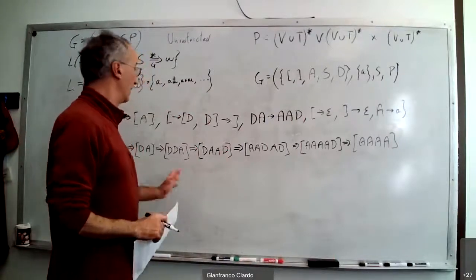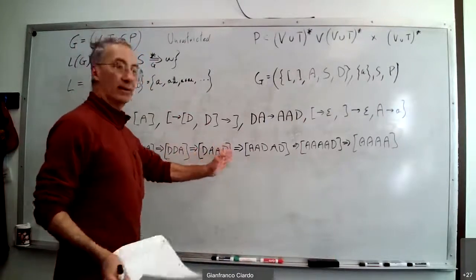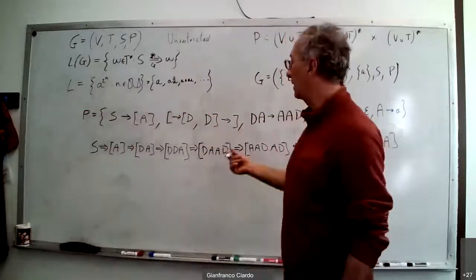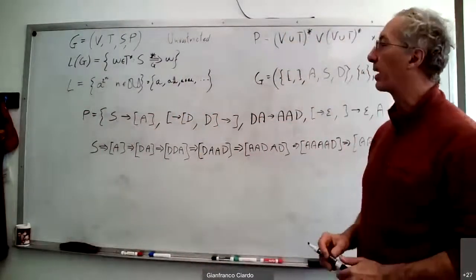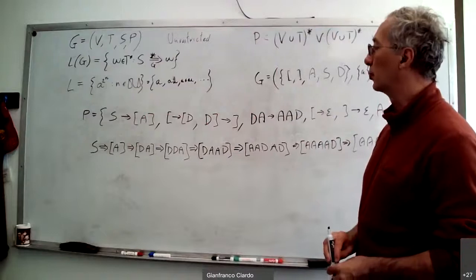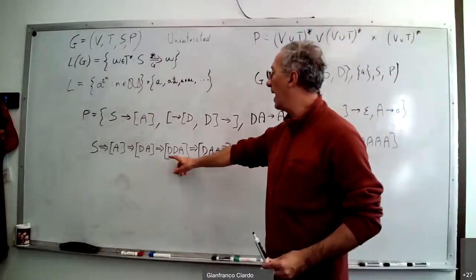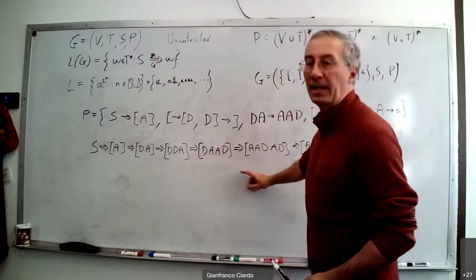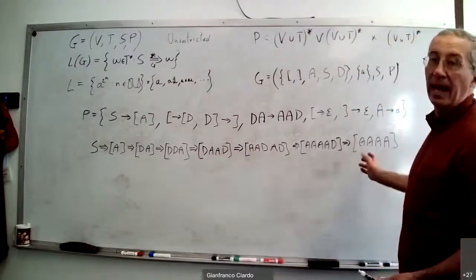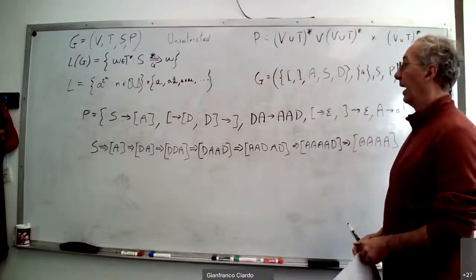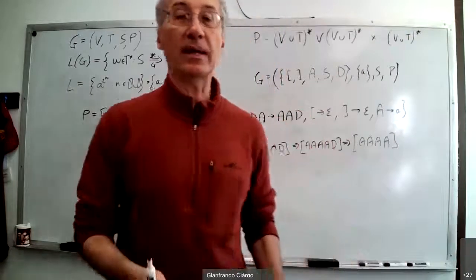Now, this idea of doubling, if you look very carefully, works for any power of 2, right? So if I generate 100 D's in the beginning, at the end I will have 2 to the 100 A's. Okay? And the interesting thing is that I cannot generate anything else, right?